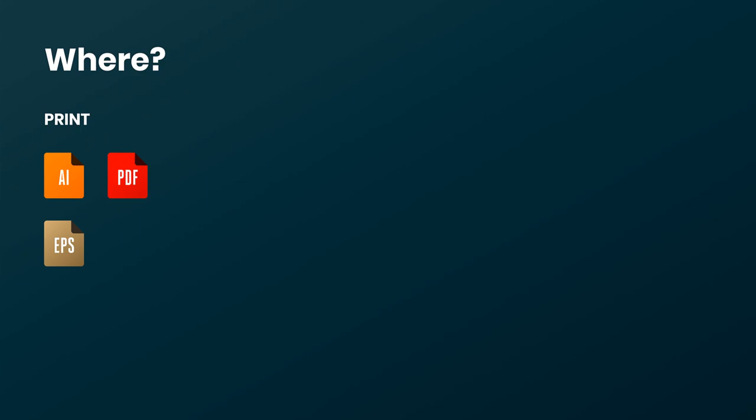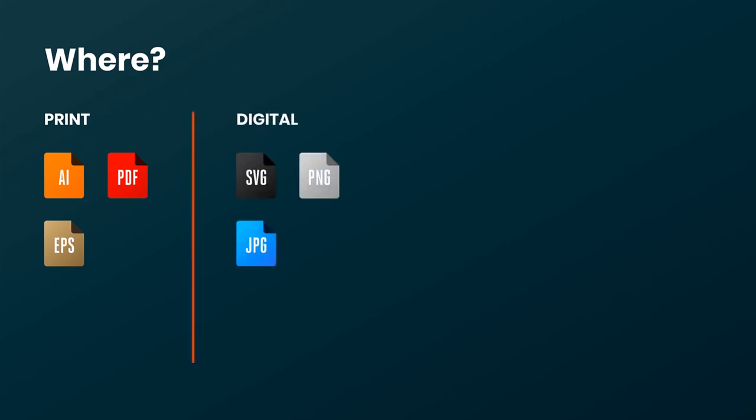But also, these file formats can contain print color gamut information. So if you're printing in CMYK or you're printing in Pantone, these file formats can hold that gamut information and those types of swatches, whereas web files, digital files, they cannot be saved with those print color gamuts. So they're going to be in the RGB color space.